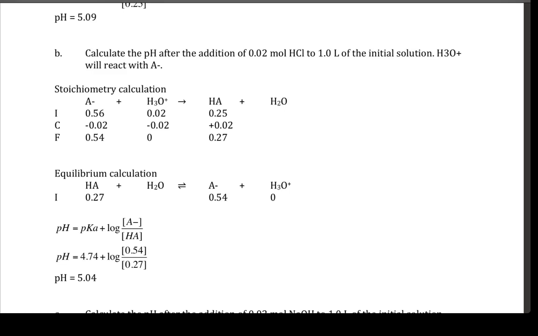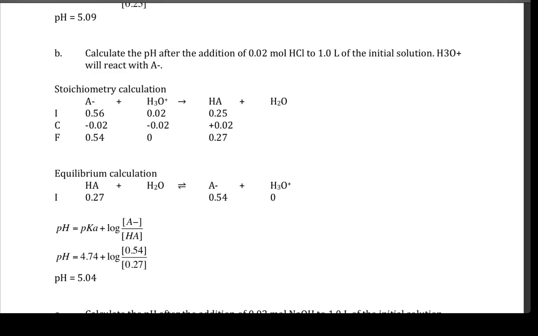Now, that's a reaction that goes all the way, so we think of the change as not being X, but rather being whichever is the smaller of the two reactants, and that is the 0.02. So that represents the change.